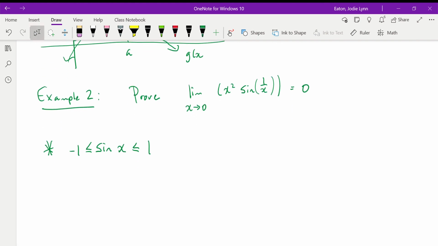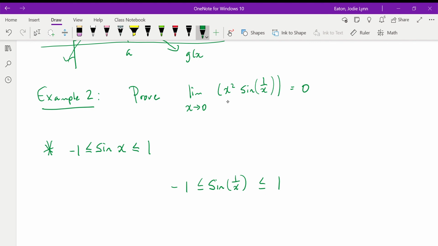Our starting point is that sine of 1 over x, sine of anything, has to be between -1 and +1. But that's not the function I'm taking the limit of. I'm trying to take the limit of x squared sine 1 over x.